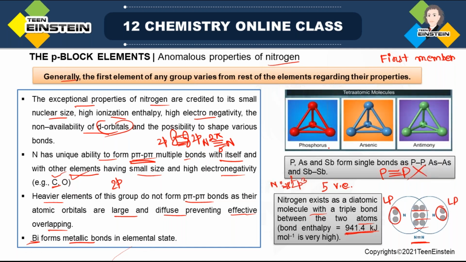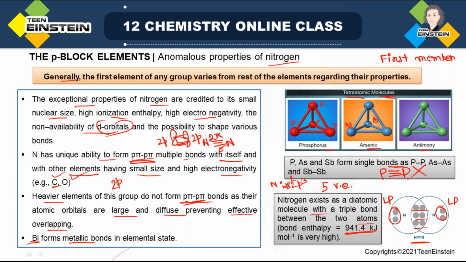So here we have phosphorus, arsenic, antimony. See, all are tetraatomic molecules. This is phosphorus, this is arsenic. That means they are not diatomic, they are tetraatomic. So they form single bonds. There is no multiple bond, because whenever multiple bond formation is there, it has to undergo p-pi bond formation.